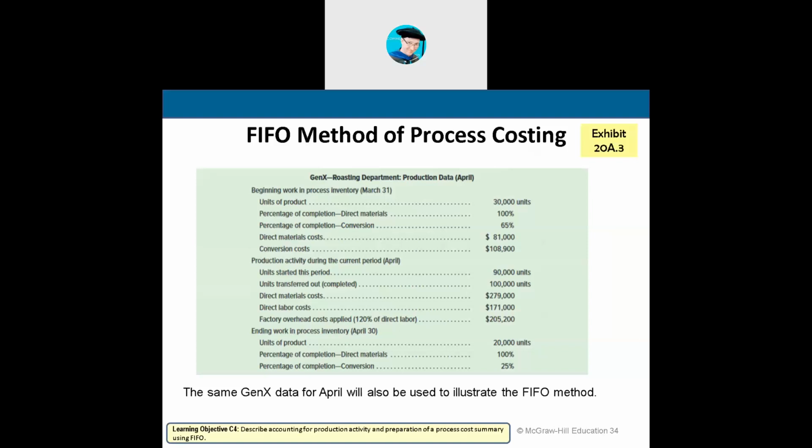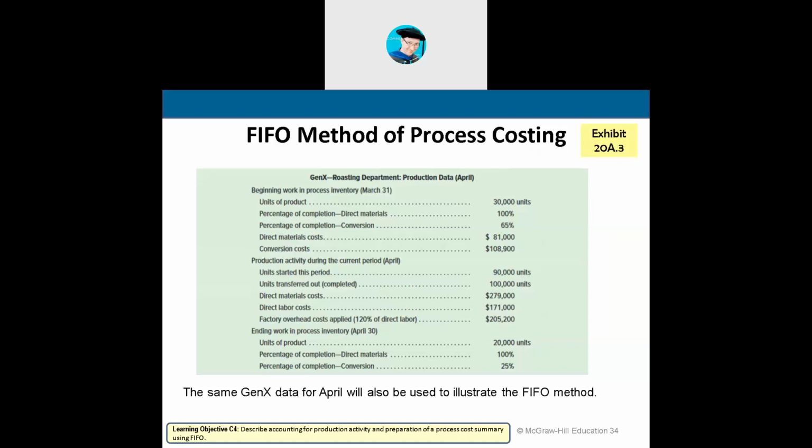We have beginning units of production, 30,000 units, direct materials 100%, conversion costs 65%, direct materials 81, and conversion costs 1089. Okay. That's March 31. During the month of April, we started an additional 90,000 units, and we transferred out 100,000.